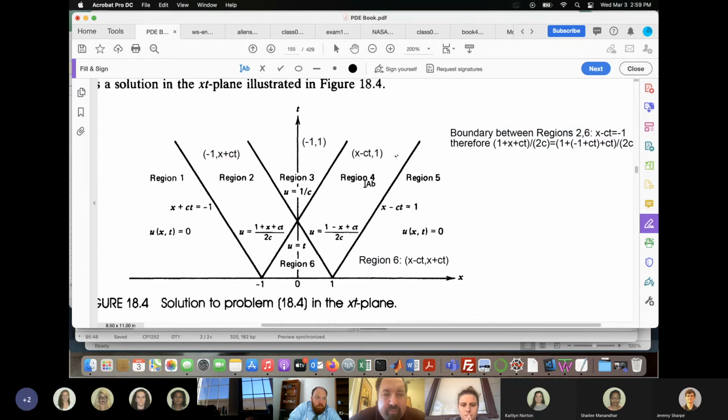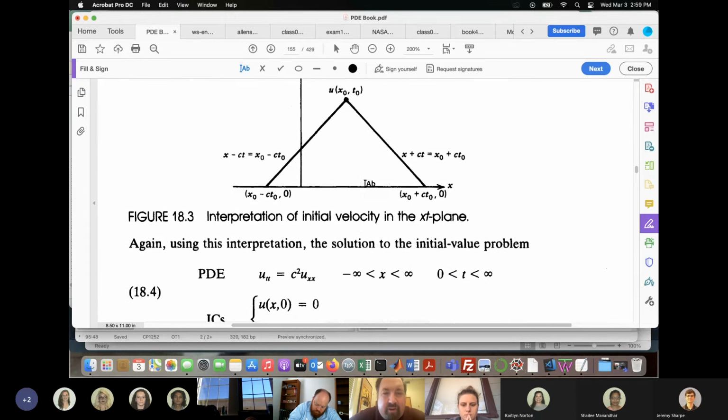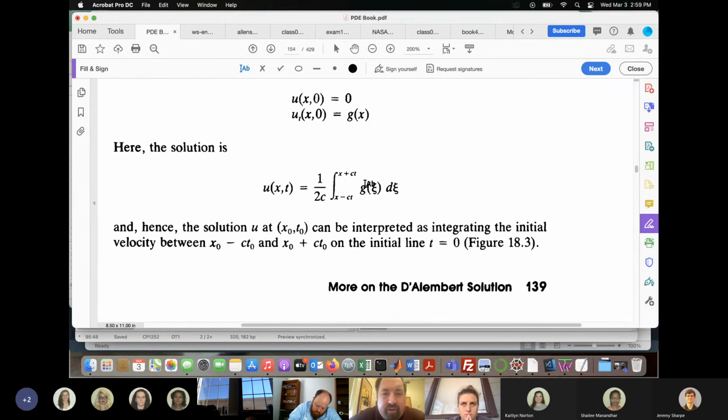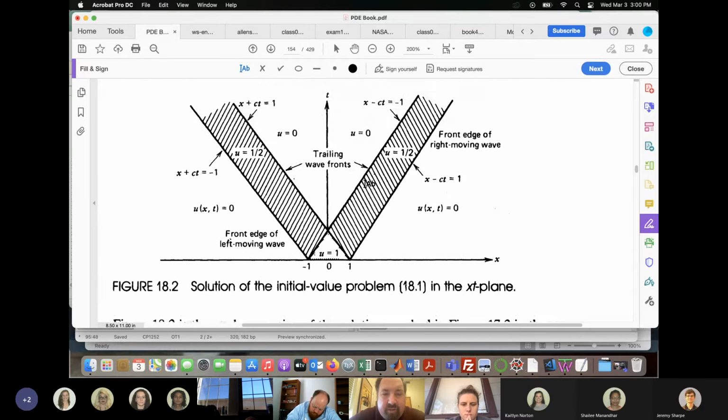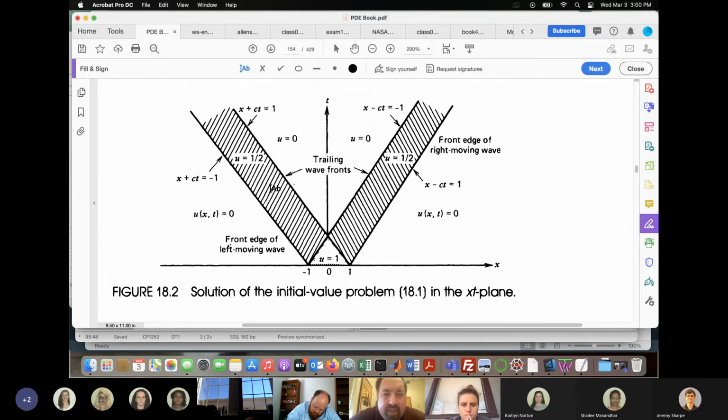However, if we go back to the previous case where we had zero velocity but a non-zero displacement for initial conditions, here we have a solution that is 1/2, and then 0 or 1. So here we have discontinuities across these boundaries.